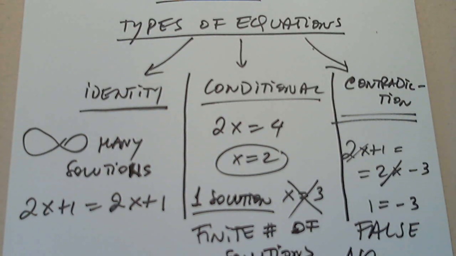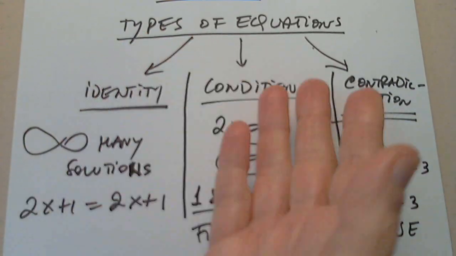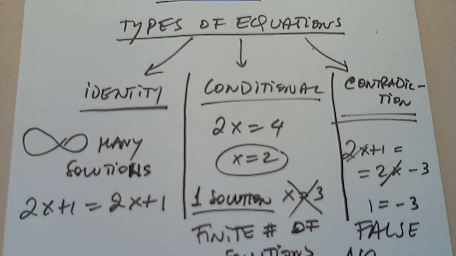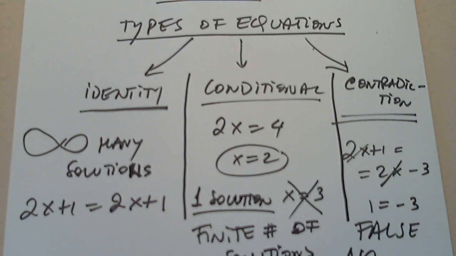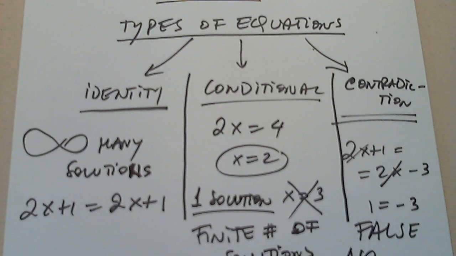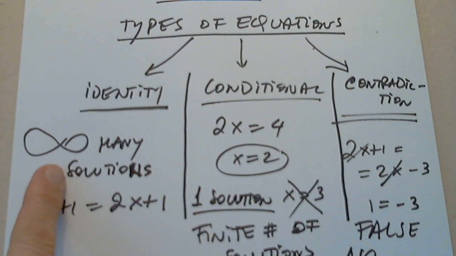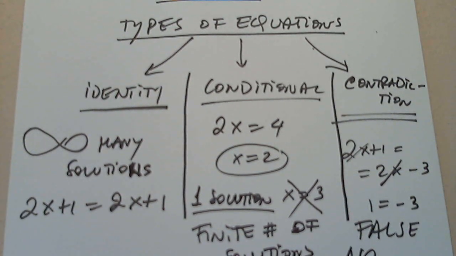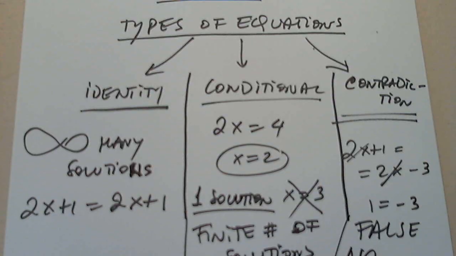Carved in stone. 1 or 2 or 3 or 10. So these are types of equations. Identity, infinitely many solutions, all of them work. Here, only specific ones work, maybe 1, maybe 2, maybe 10, but not infinite, finite, strict. And here, nothing works.